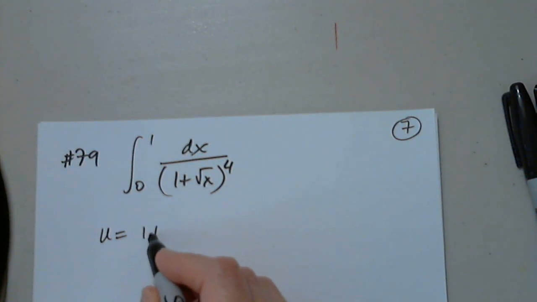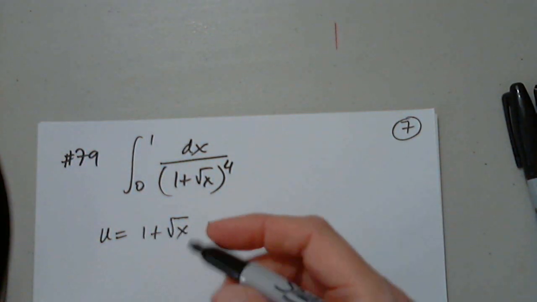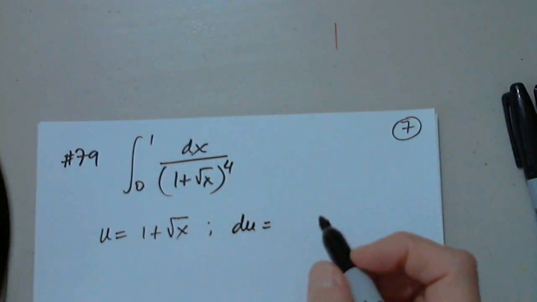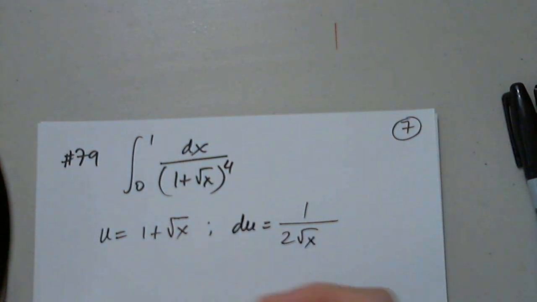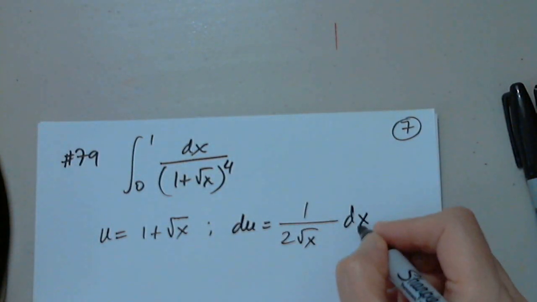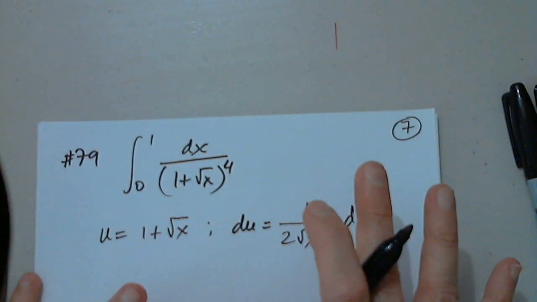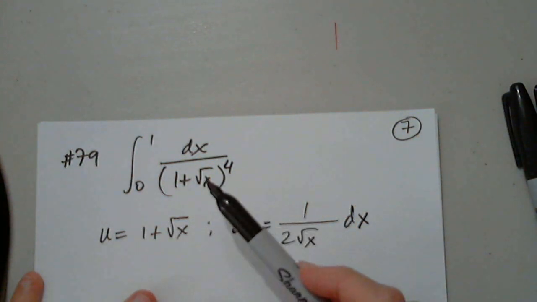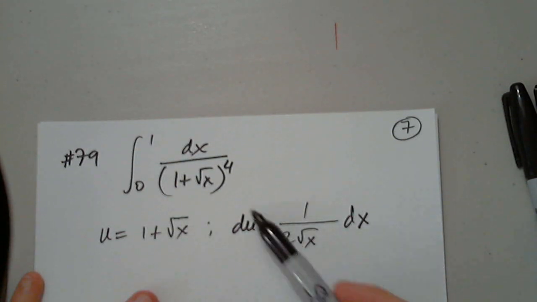Definitely u = 1 plus the square root of x. Good. So now let's see what we can do with the du. Because du could be the problem. So du will be 1 over 2 the square root of x, of course dx. So it's a little bit of an issue, right? Because I don't have a separate square root of x anywhere here.